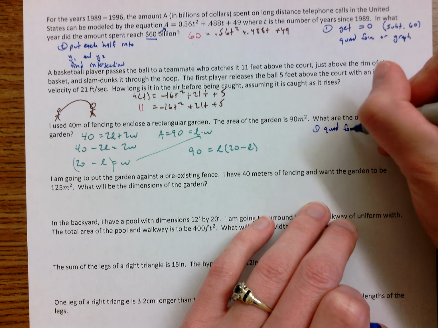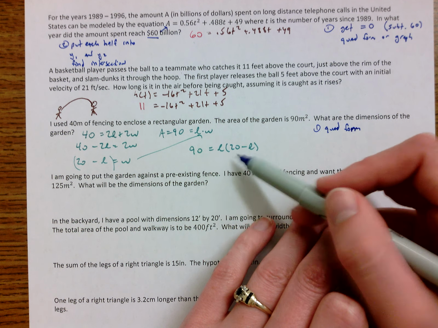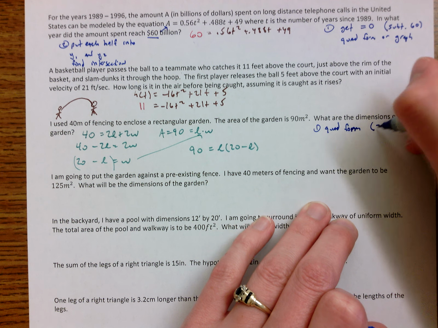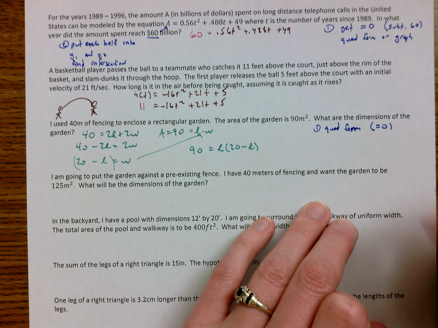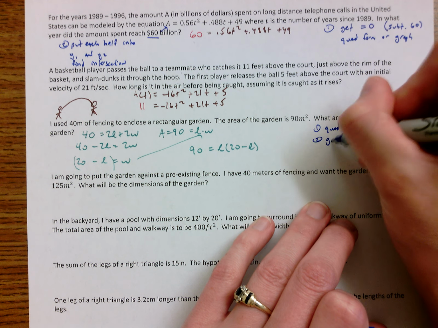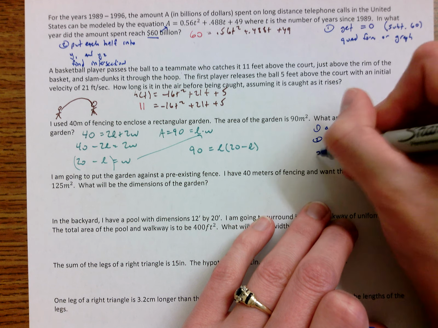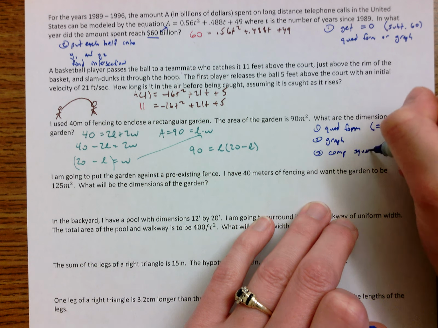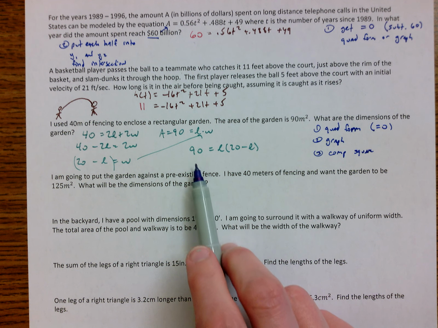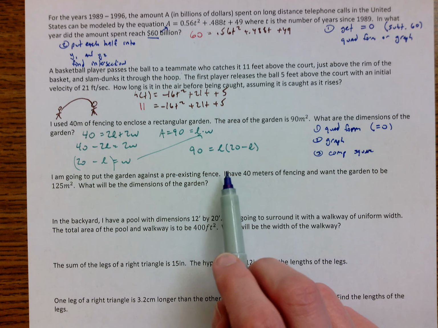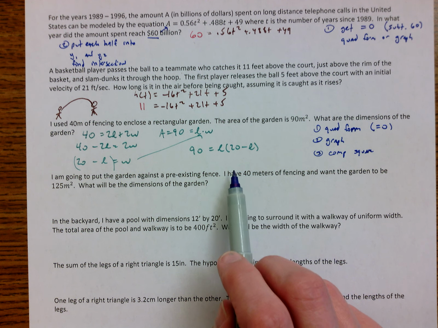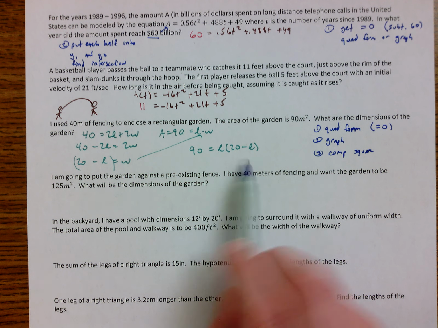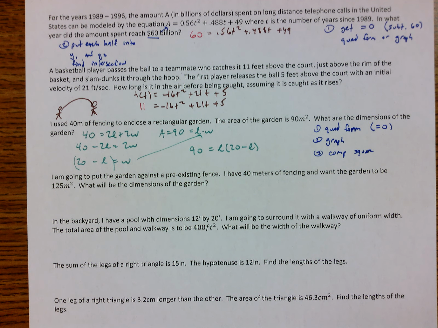You'll have to simplify a little bit first, so you have to get it equal to 0 first, and then use the quadratic formula. I'd be looking for two factors of 90 that add up to 20, and I'm honestly not sure if that exists or not, but I could try factoring it. So there's a lot of different options that you could take to solve that one.